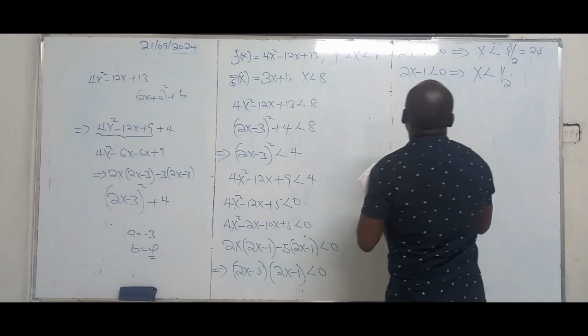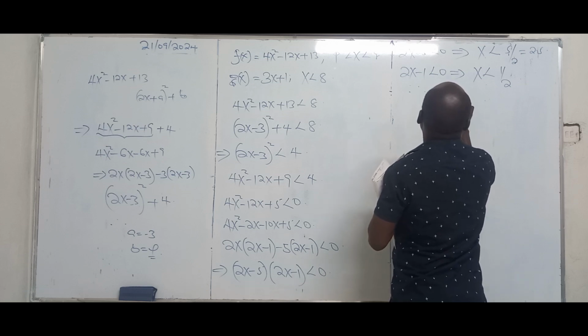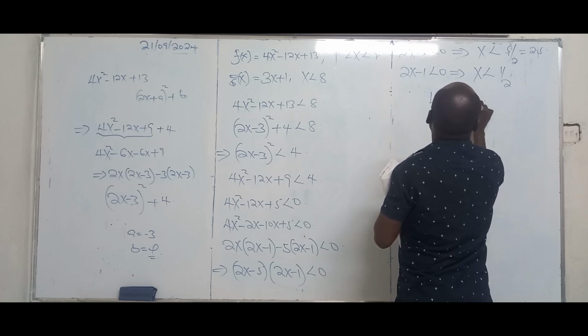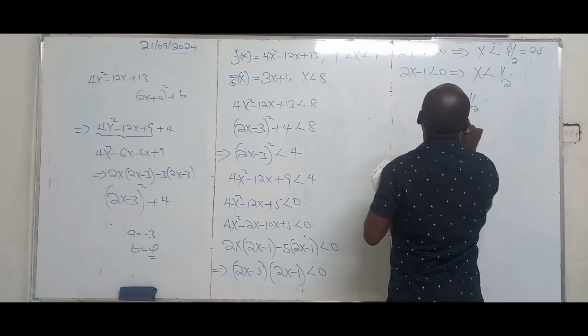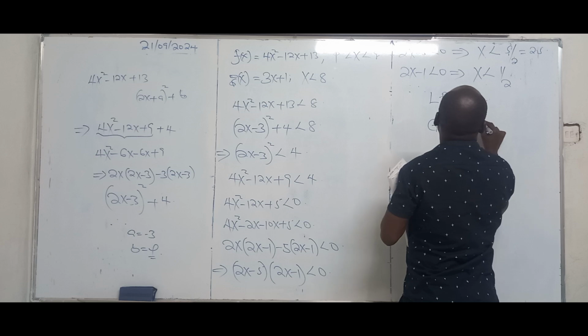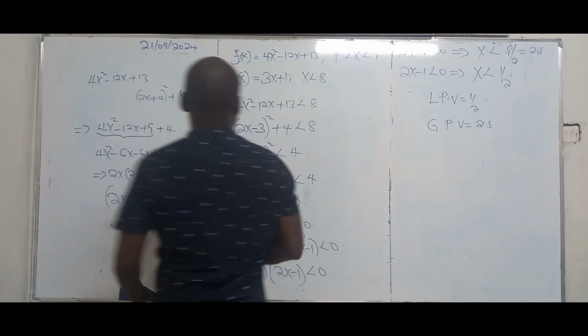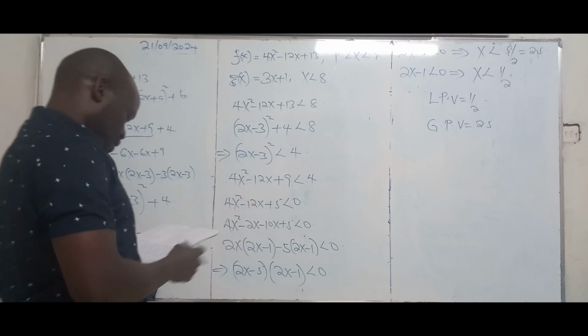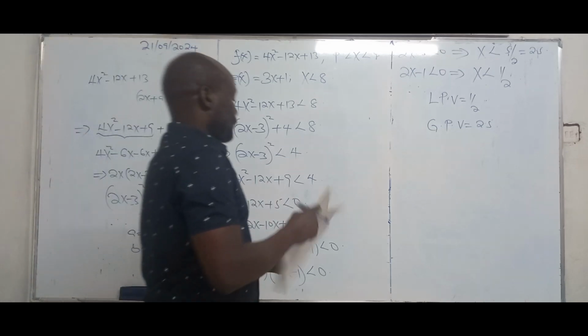Therefore, the least possible value is half, and the greatest possible value is 2.5.